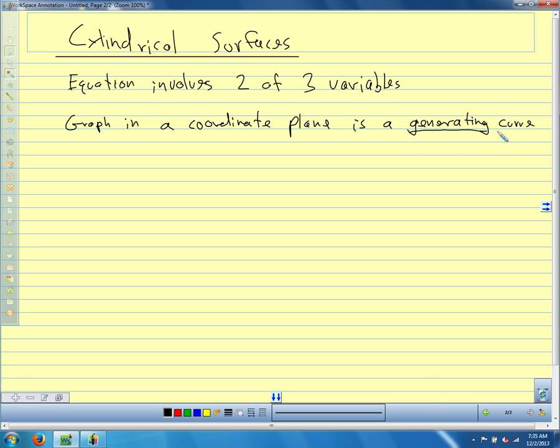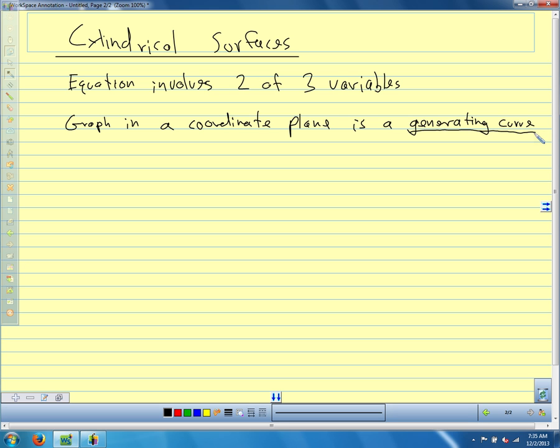The easy mistake to make with cylindrical surfaces is to look at the equation and think the generating curve is the surface. So we're thinking in the plane. When we're looking at these, we want to think about 3 dimensions again.